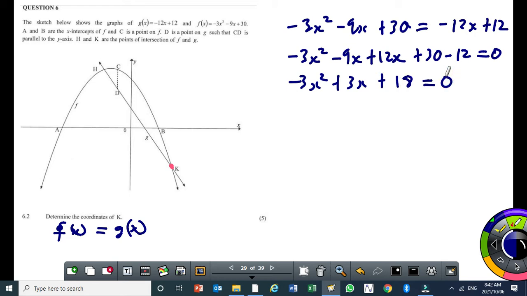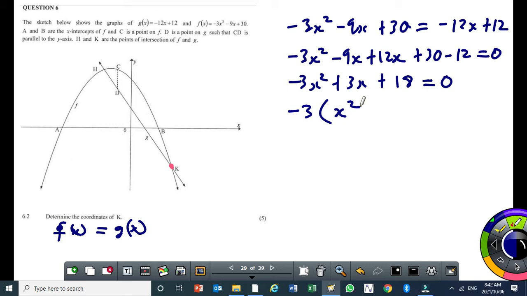If you don't want to stress yourself with factorization, from here you can use the quadratic formula. In my case, I'm going to factorize. There's a common factor which is negative 3. I'm going to make the coefficient of x squared positive.